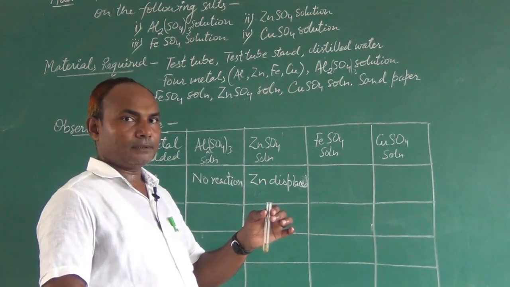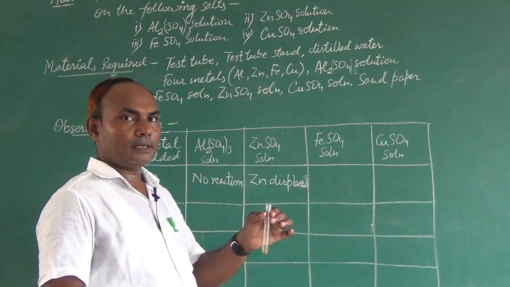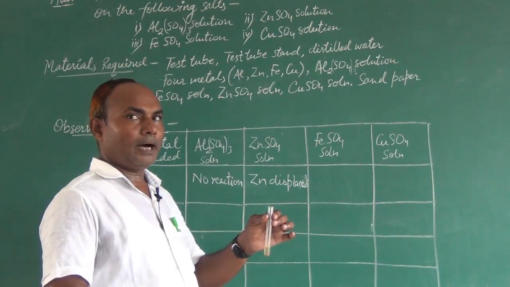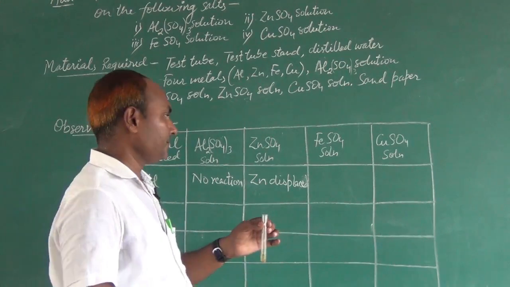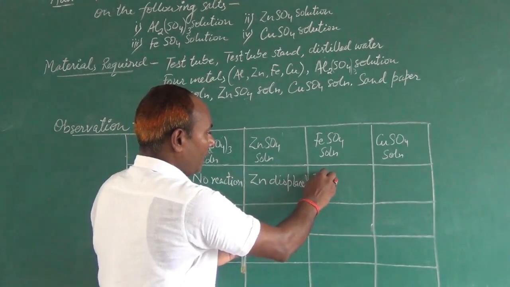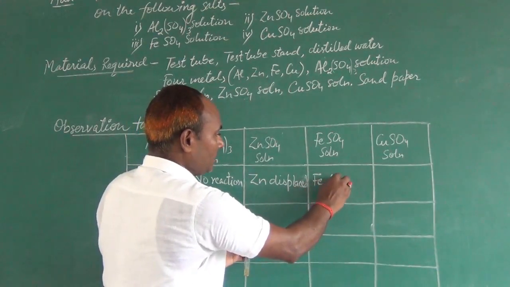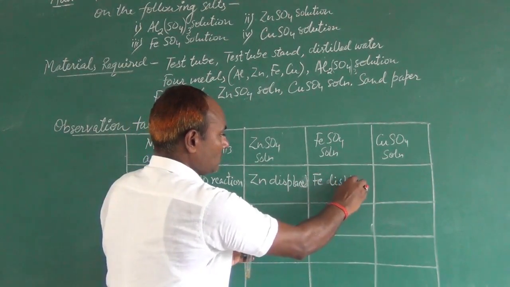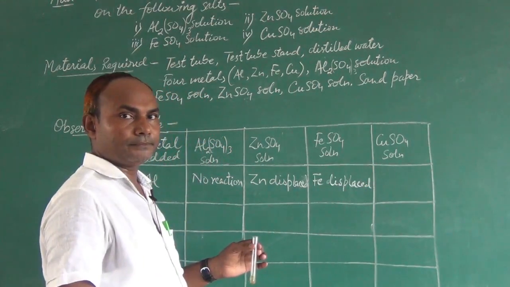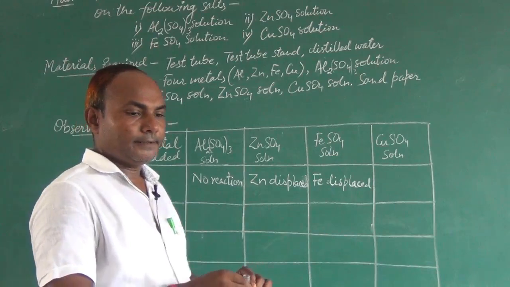In this reaction, the aluminium displaces iron from iron sulfate solution. Here iron displaced by aluminium. Okay.